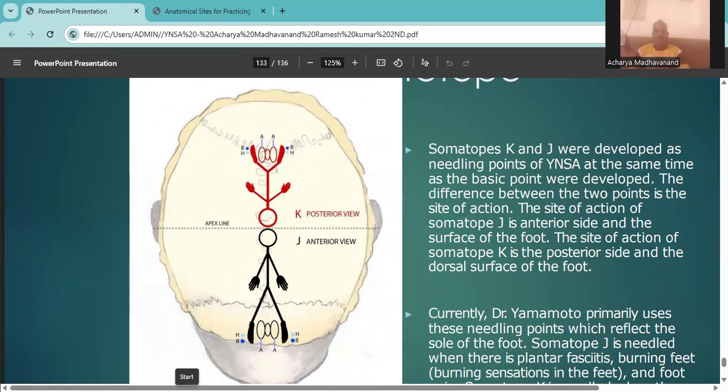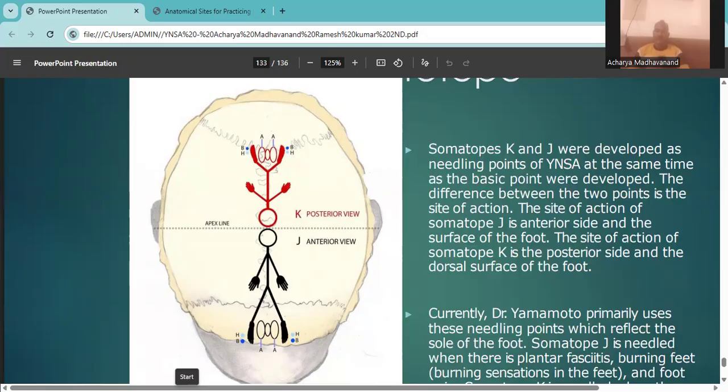You see here the somatotopes of K and J were developed as needling point of YNSA at the same time as the basic points were developed. The difference between the 2 points is the site of action. The site of action of somatotope J is the anterior side and surface of the foot, and the site of action of somatotope K is the posterior side and dorsal surface of the foot.